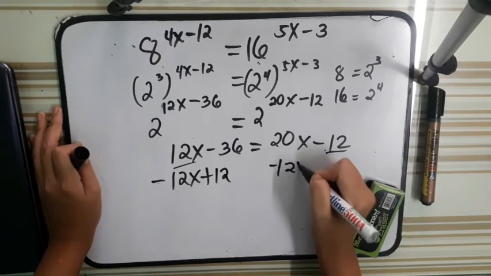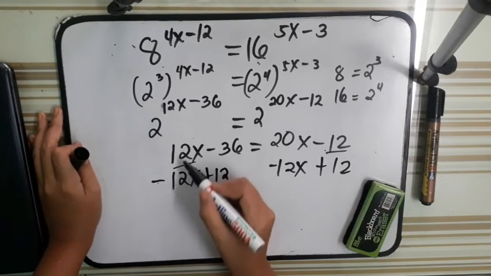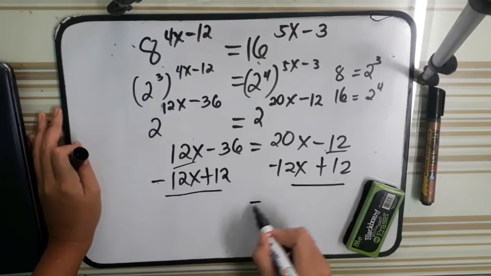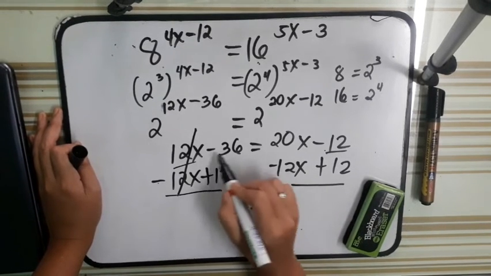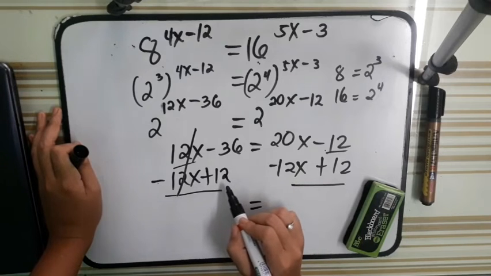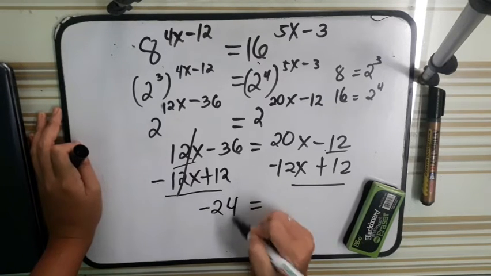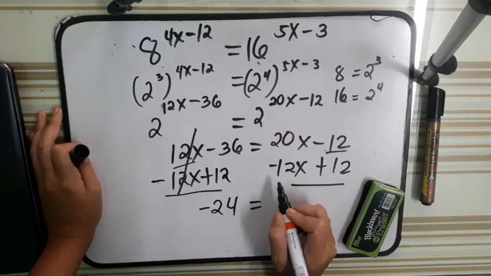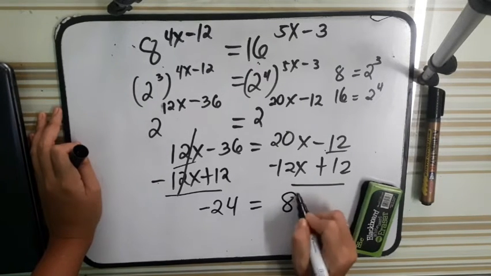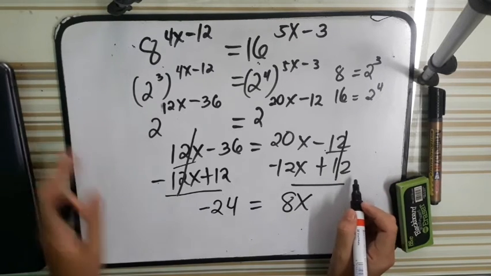So 12x minus 12x is 0. So negative 36 plus 12 is equal to negative 24. 20x minus 12x, I should say, is equal to 8x. Then negative 12 plus 12 is cancelled out, simply 0.